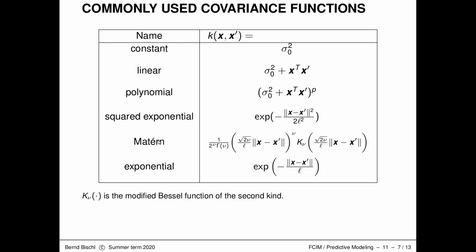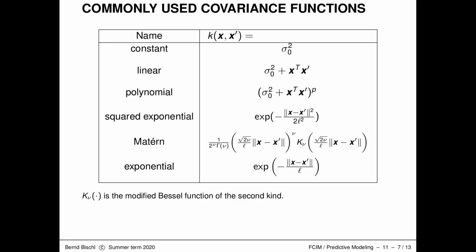And there's also the more complicated Matérn covariance function that also depends on this length scale parameter here, which has basically the same effect as the length scale in the squared exponential, and which I will discuss on the next couple of slides. And this also has this new parameter here that controls the differentiability of the associated Gaussian process.